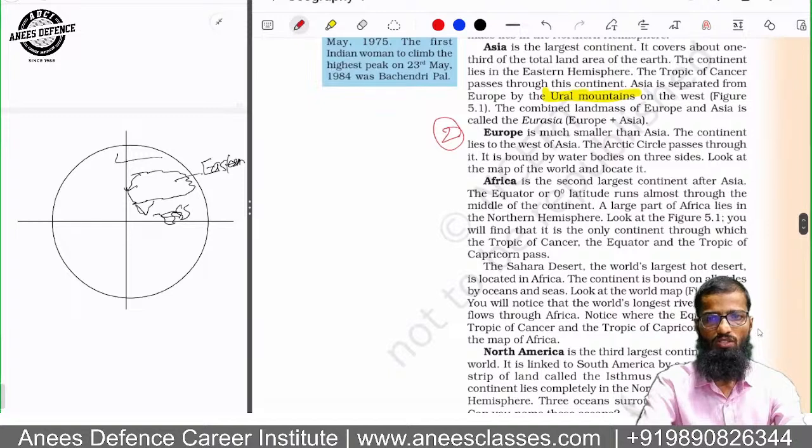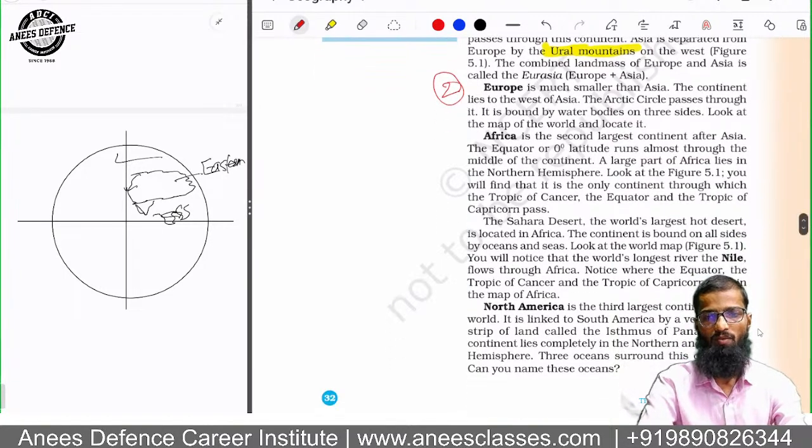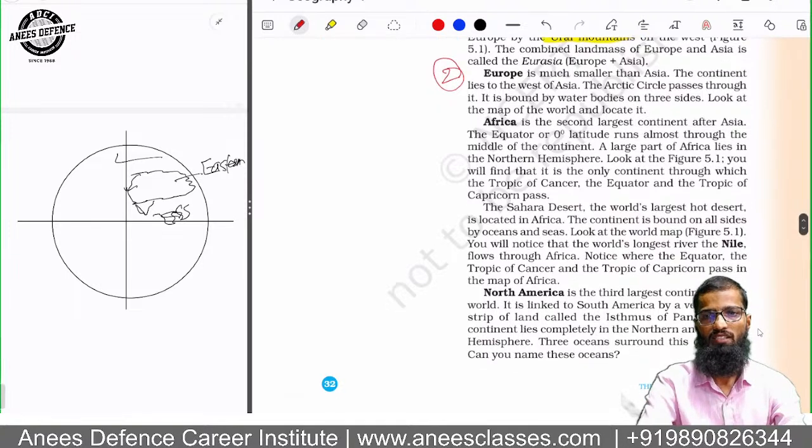The continent lies to the west of Asia. The Arctic Circle passes through Europe, whereas the Tropic of Cancer was passing through Asia. Europe has water on 3 sides. Remember that it is covered on 3 sides by water bodies.